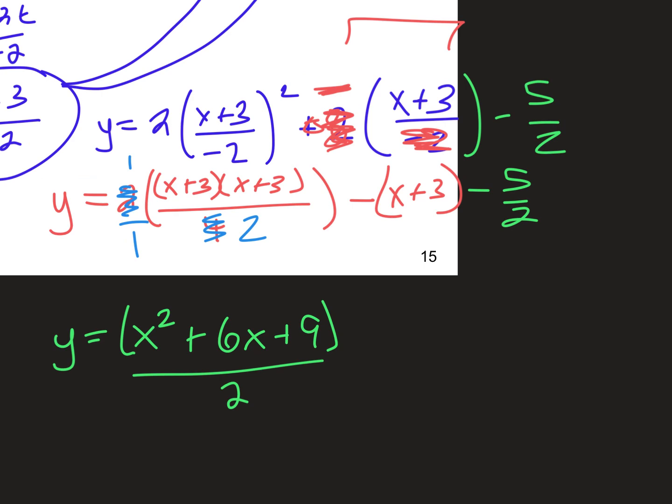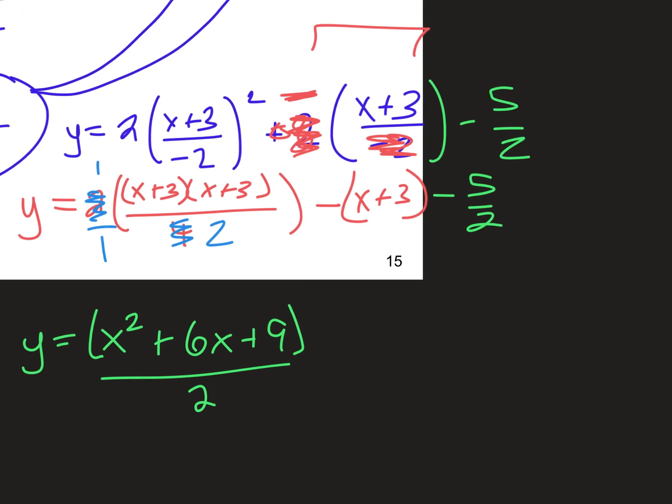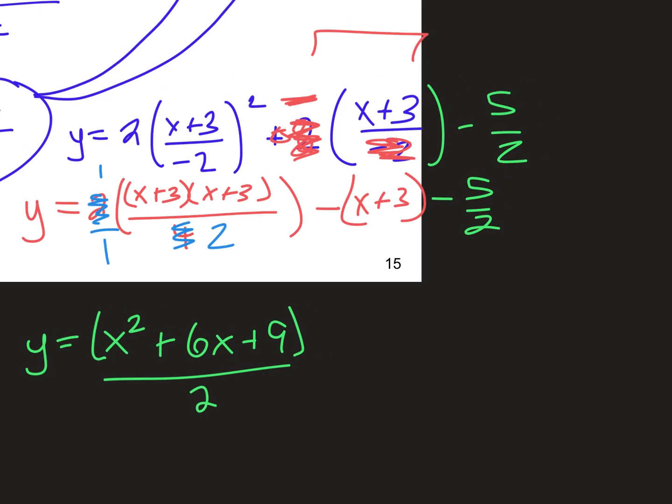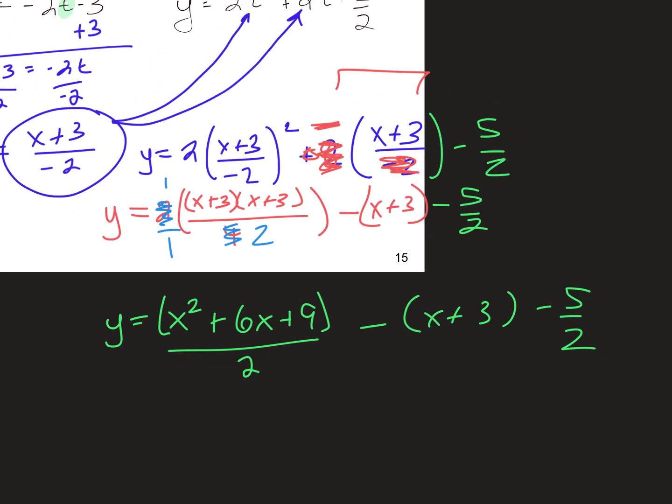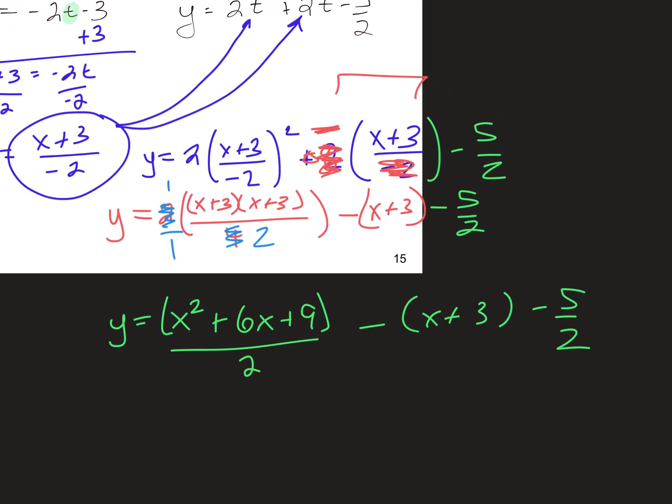Now, what did Anna just say we have to do with that negative sign here? Well, you know what? Let's leave it for a second. X plus 3 minus 5 over 2. How can we make this a little easier on ourselves?